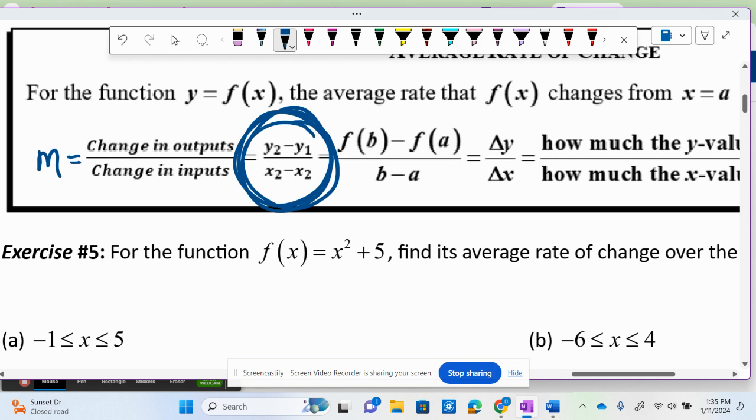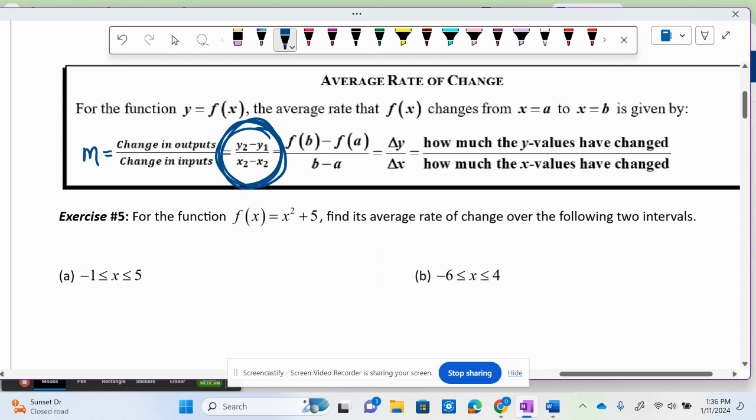What did I just draw on the board? An M. What does the little m mean in terms of equations in math, typically? Motion. No, y equals m times x plus b. What does m stand for? Slope. Yeah. So really, the average rate of change is another way of saying slope.